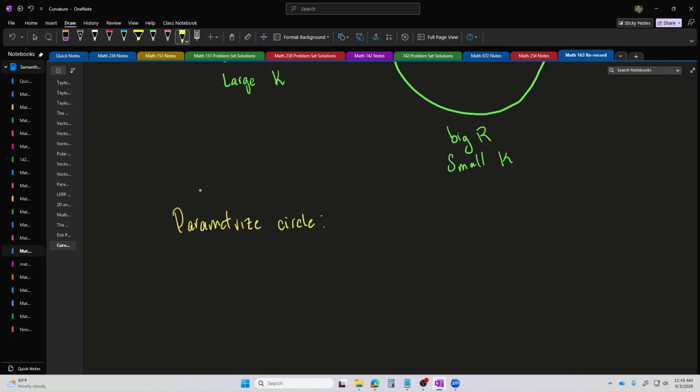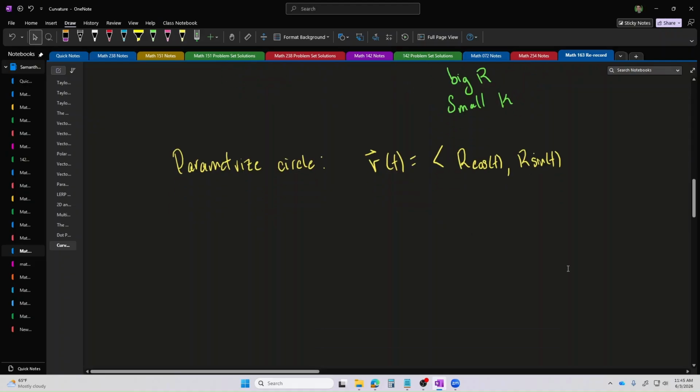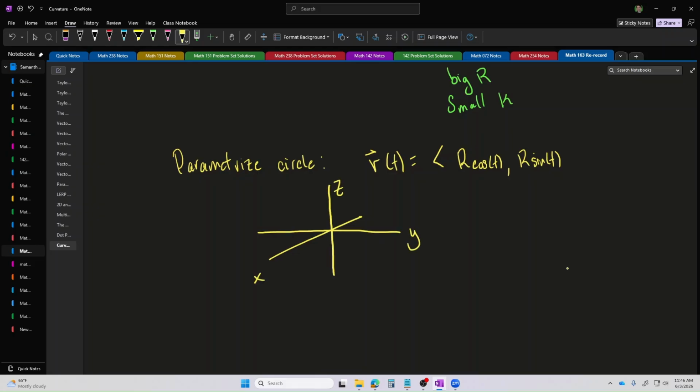To parameterize a circle of radius r, I can use r times cosine, r times sine, as we discussed in a previous lesson. Now, I'm going to take this circle and parameterize it in 3-dimensional space, thinking about this circle as it exists in 3-dimensional space instead of in 2-dimensional space.